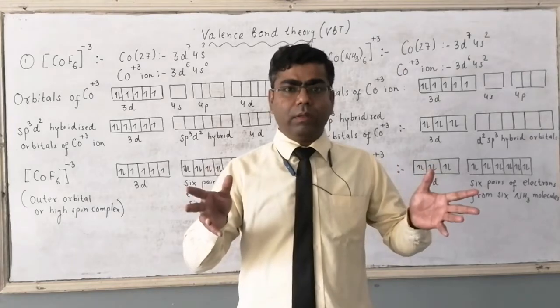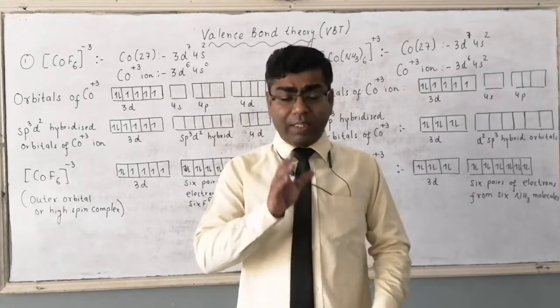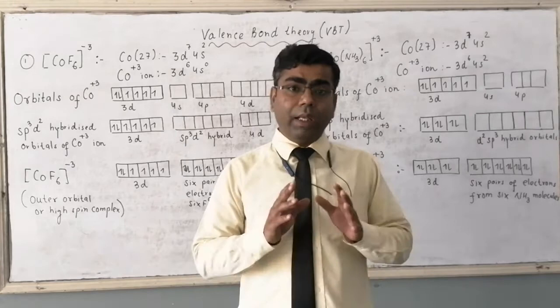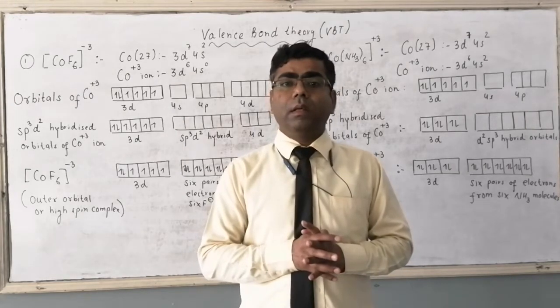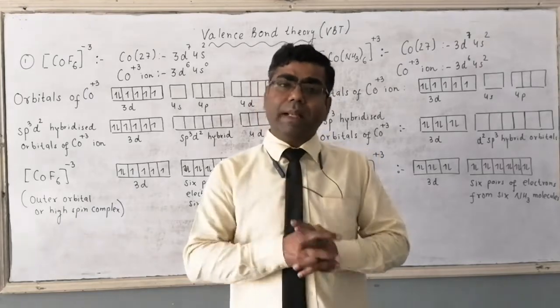Then what about six ligands? If six ligands are there, we will need six vacant orbitals in the central metal atom or central metal ion.